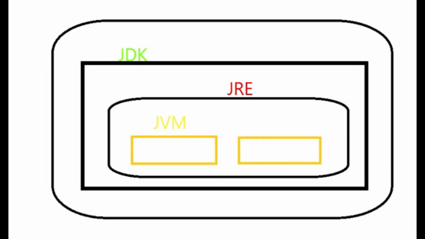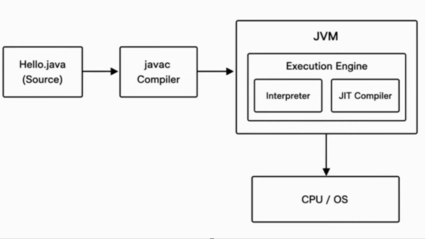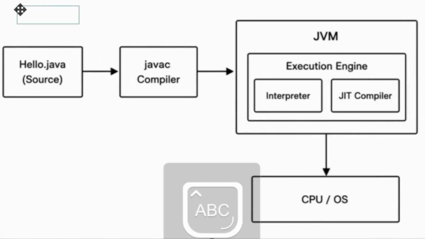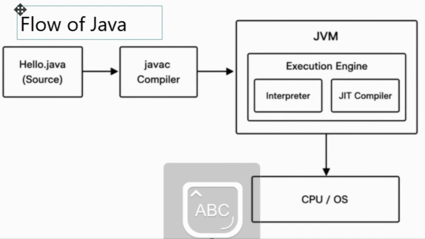Now that you understand JDK, JRE, JVM, and where JIT lives, let me show you how Java compilation and execution actually works using 5 diagrams. Here you can see the high-level block diagram. So this is the flow of Java execution.